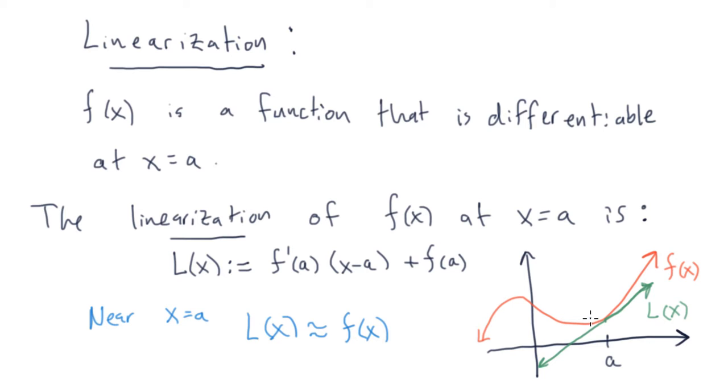So see, if I kind of zoom in just right around x equals a, we see that the difference between L of x and f of x is not that great. So if I want to know what f is approximately near a, then I really can use this linearization, and it will at least give me a first order approximation.